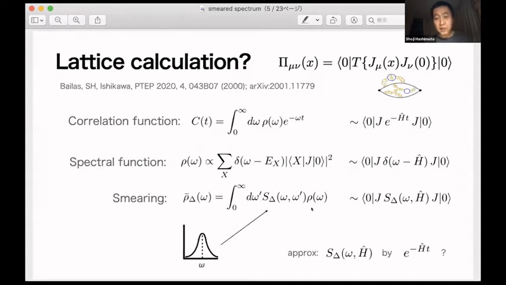So this is the matrix form of the smearing function. What I am trying to compute is the matrix element of the smearing function S_delta of omega and Hamiltonian. So the question is whether this operator S_delta can be written using the transfer matrix with arbitrary time. That is the question I'll try to address.